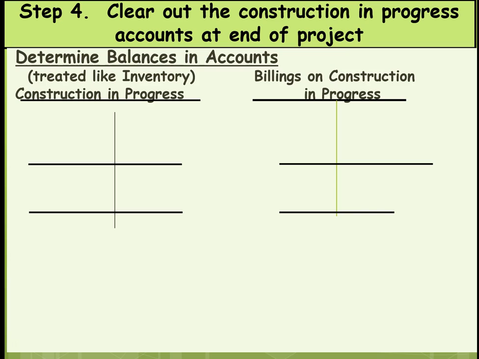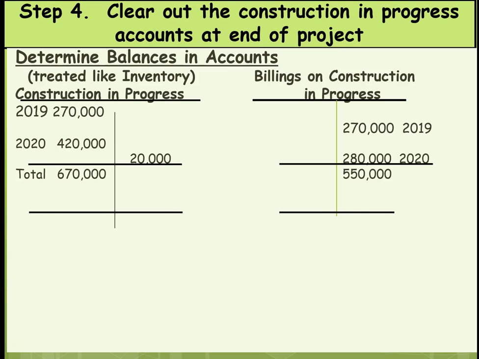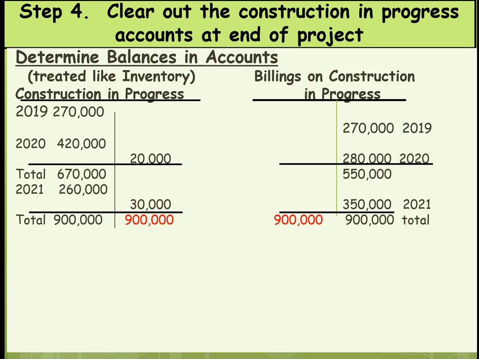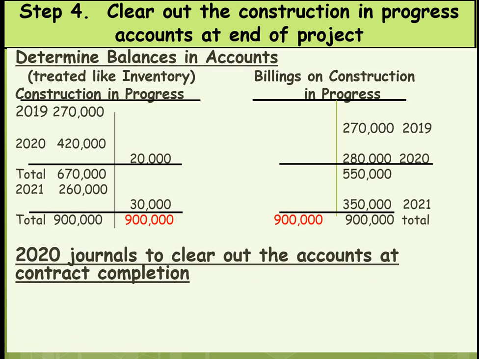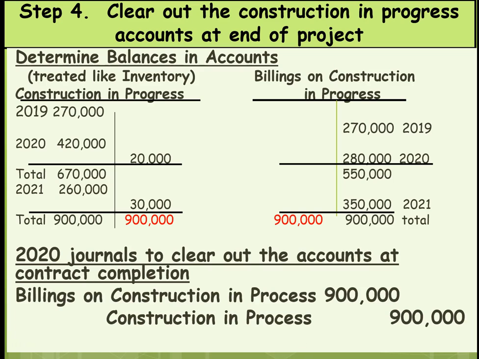Now we'll look at our 2 accounts. This is what it would look like for completed contract. And then we do our journal entry to clear it out. Now, what does this look like in terms of recording revenue versus profit or loss between the 2 methods?